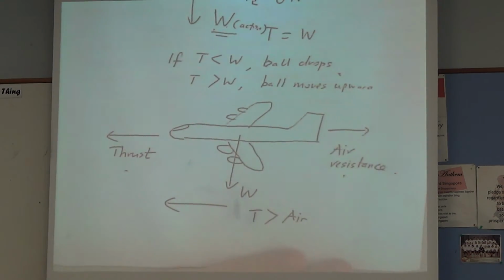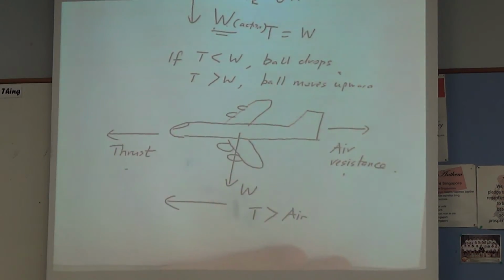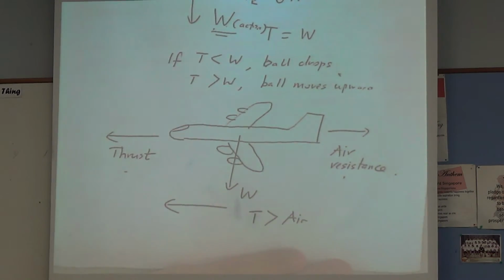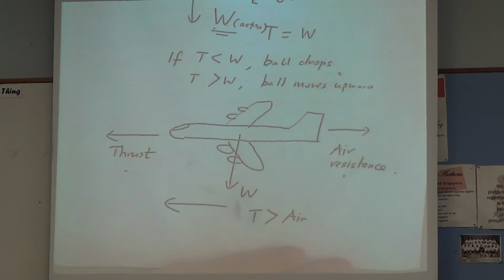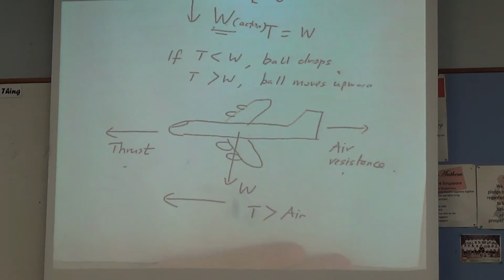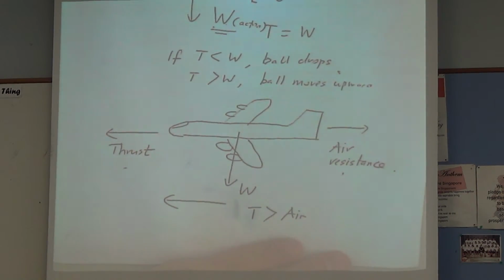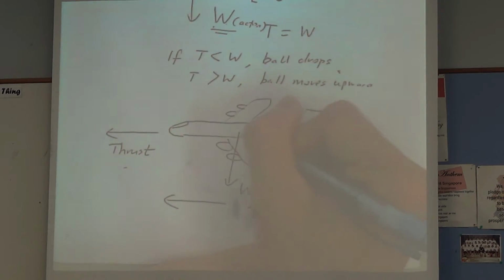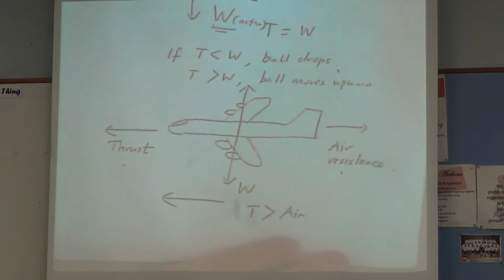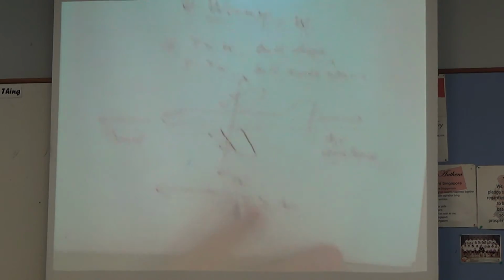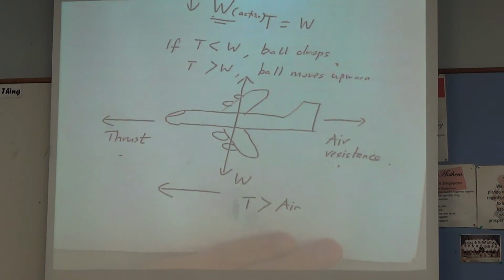Something is wrong with my picture. Constant speed. Isn't friction air resistance? Air resistance is a form of friction. There must be some kind of upward force. True? Or else the weight will keep pulling the plane.